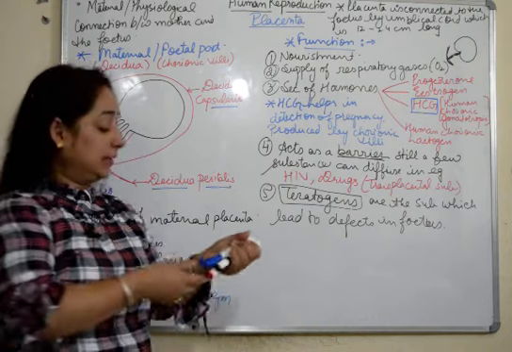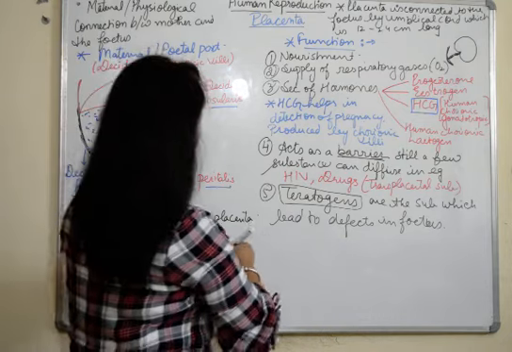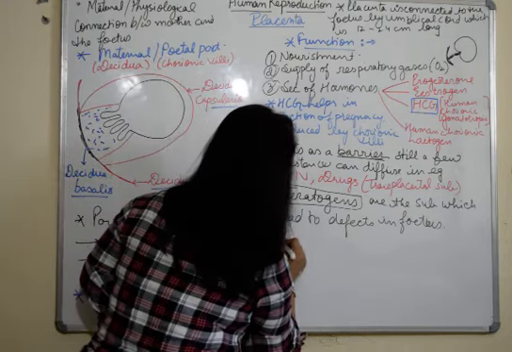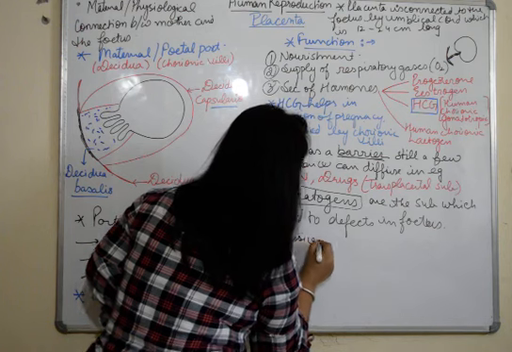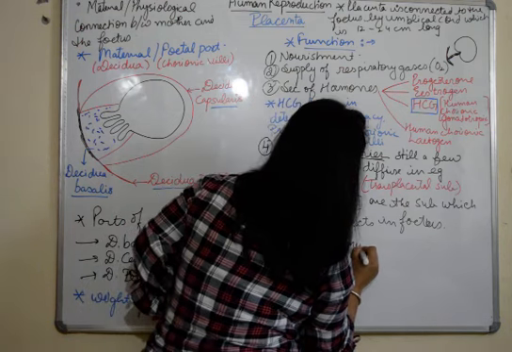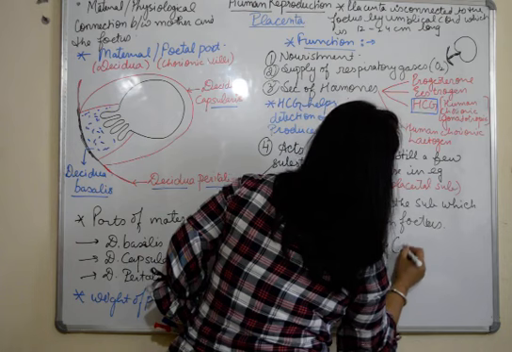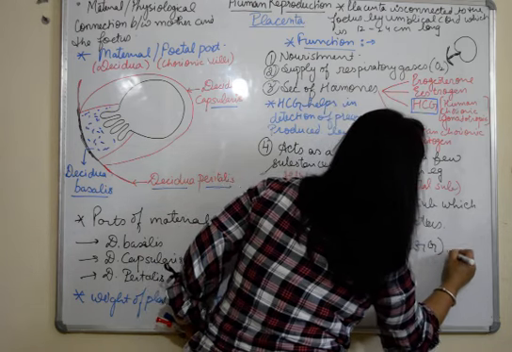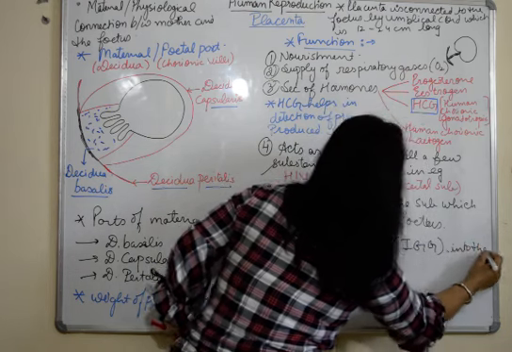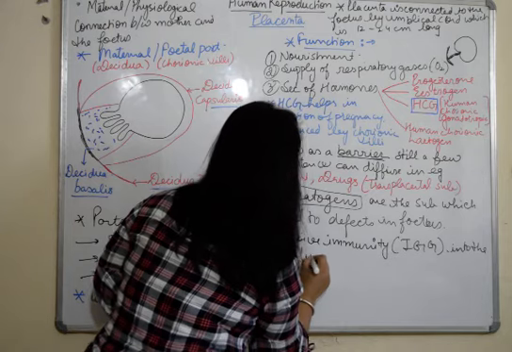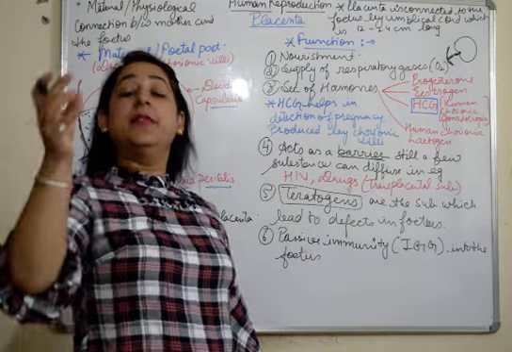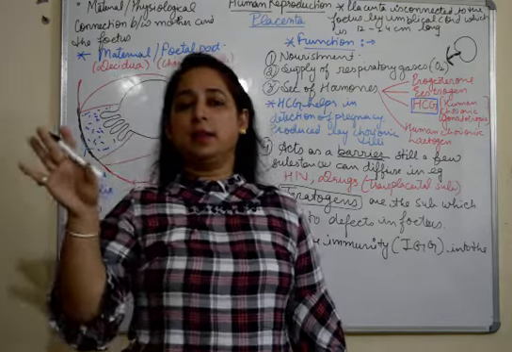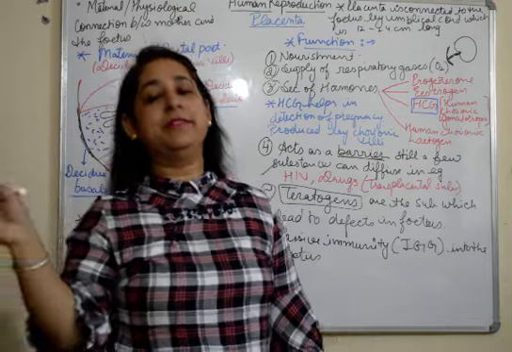Now after that, the next function is it provides passive immunity by passage of IgG into the fetus. Fine. So passive immunity is the inborn immunity, as in the child does not have to be given any vaccine for it.